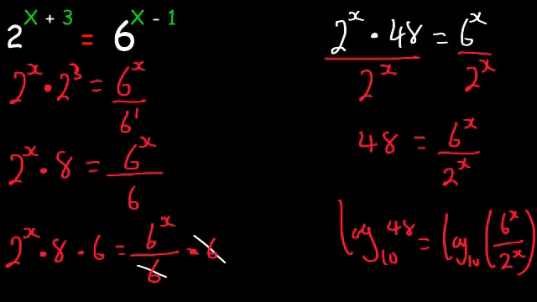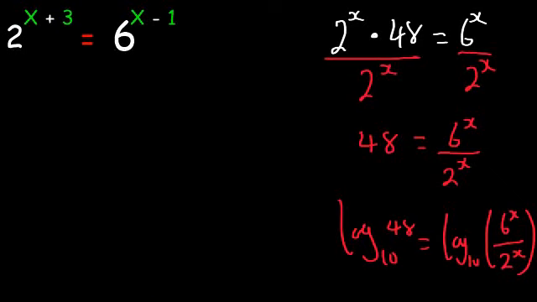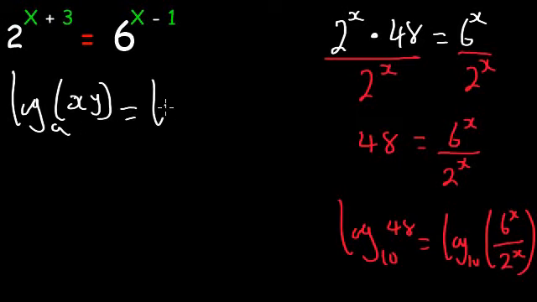Now before we move on, let me quickly review some of the laws of logarithm for you guys. The addition law of logarithm is that when you have log of a certain base a of two numbers, say x times y, this is simply equal to log of base a to x plus log of base a to y.